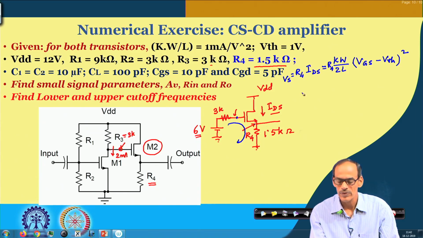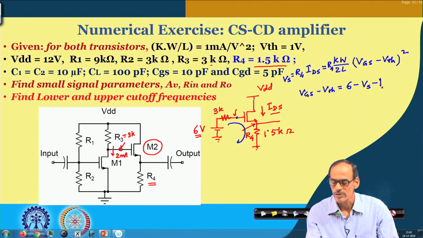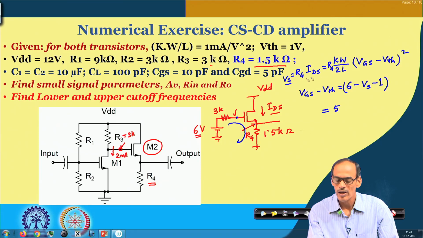So, we can say that VGS minus VTH equals 6 volt minus this Vs, minus VTH, which is 1 volt. What is this? We do have 5 here, and then Vs we do have this expression which is given here.